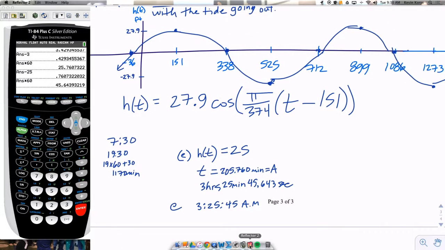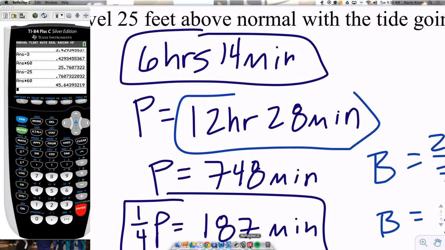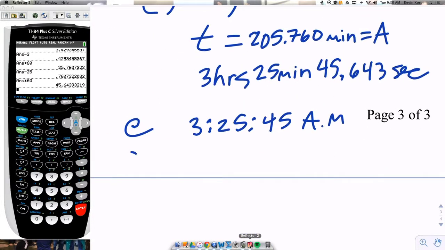Now, you can do the same thing for the other one, or you can just do what? What's the period? Yeah, 7:48 minutes or 12 hours, 28 minutes, right? So let's just find the other one by saying and at 12 hours and 28 minutes.